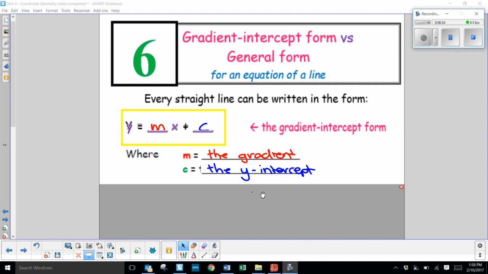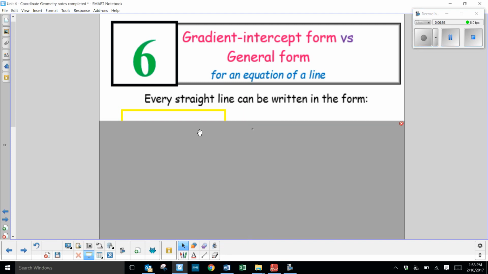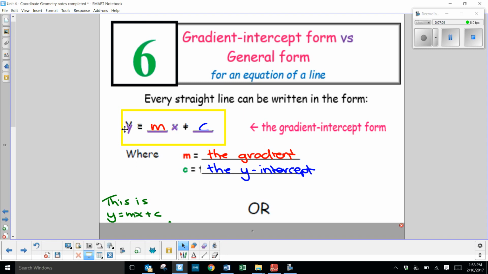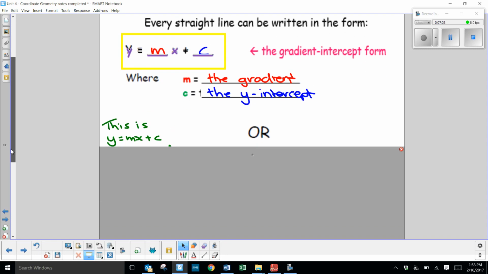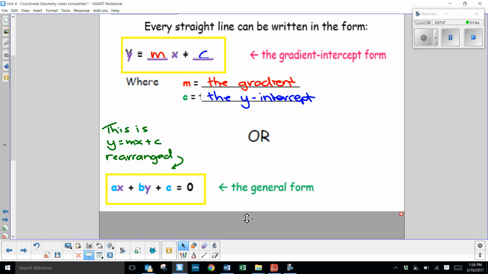Equations of lines can be expressed in gradient intercept form, which is here, or the other form, which is what this lesson is about, which is general form. General form has got the x term and the y term on the same side, and the constant term also on the same side. So basically, this is y equals mx plus c rearranged.